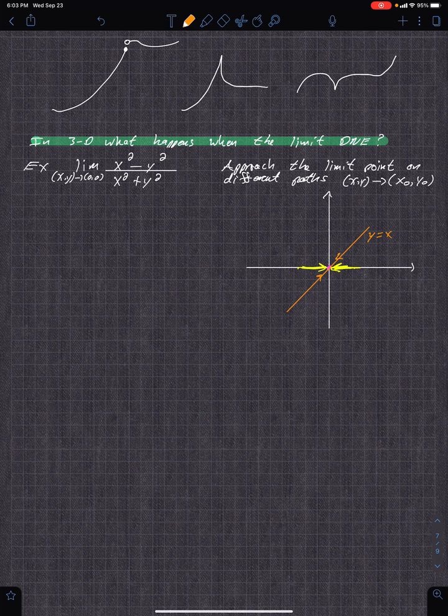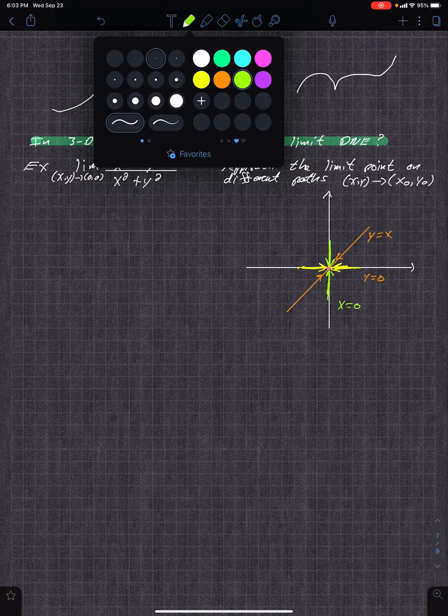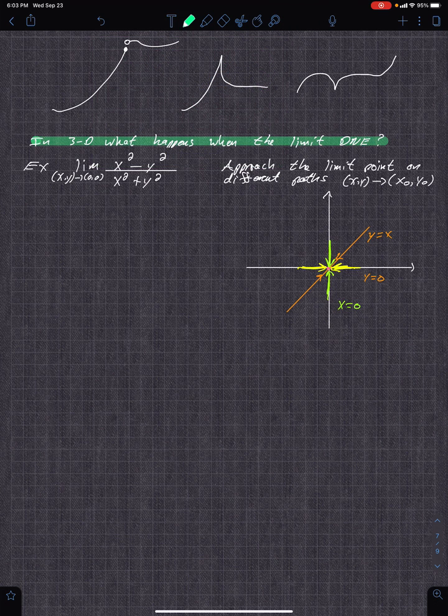This is y equals 0. Of course, you can approach vertically on the y-axis like that. In that case, that's x equals 0. But you can also approach on, how about y equals x squared? Come in like this. So that's y equals x squared.